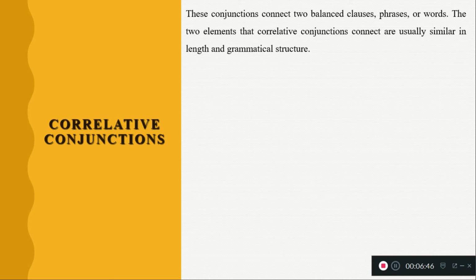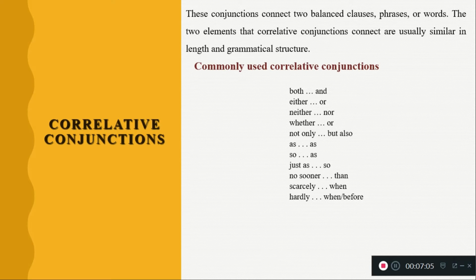Next, correlative conjunctions. These conjunctions connect two independent clauses, phrases, or words, so they can be found in compound sentences as well as simple sentences. Actually, a correlative conjunction is a coordinating conjunction.